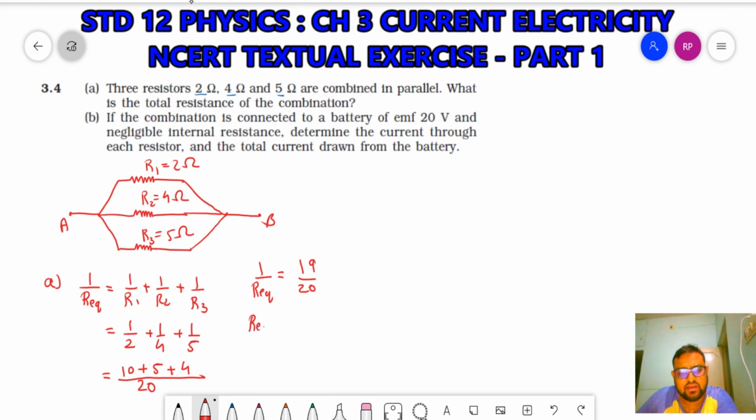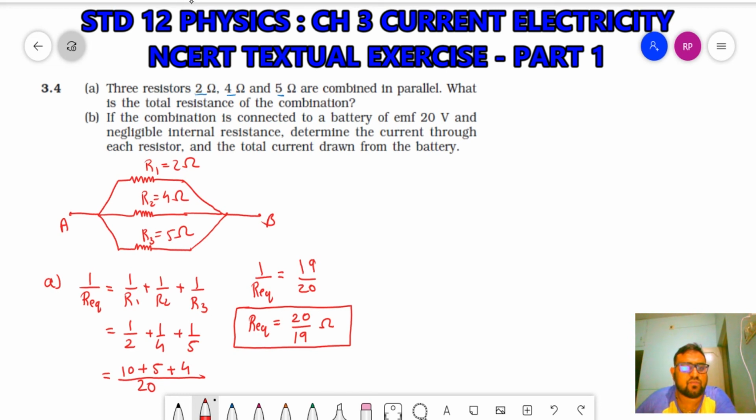R equivalent resistance is equal to 20 by 19 ohm. So this was the first question, R equivalent.